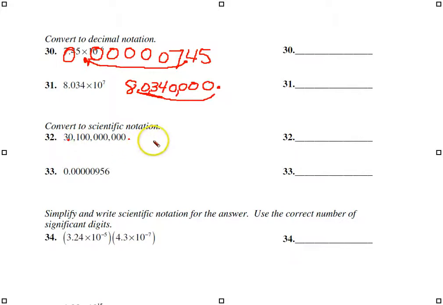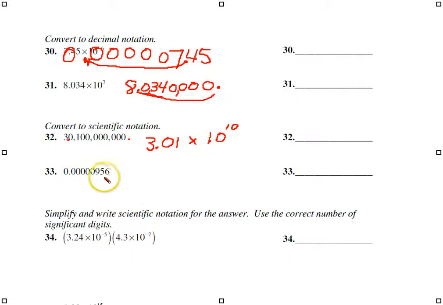I move it over 10 places. 3.01 times 10 to the 10th. And I now have a number between 1 and 10 times some power of 10. That is scientific notation.